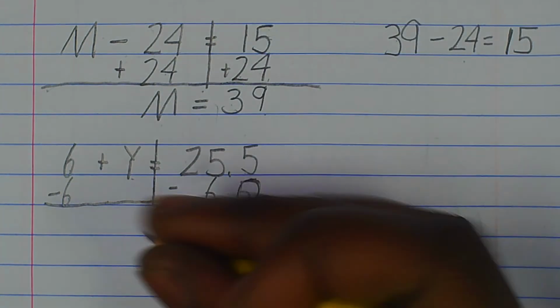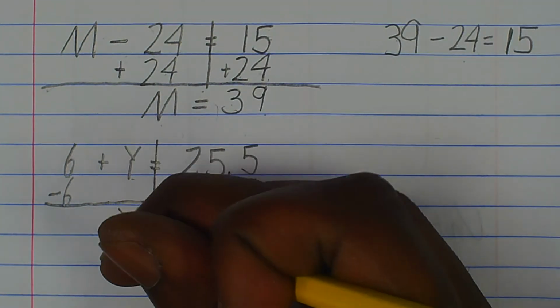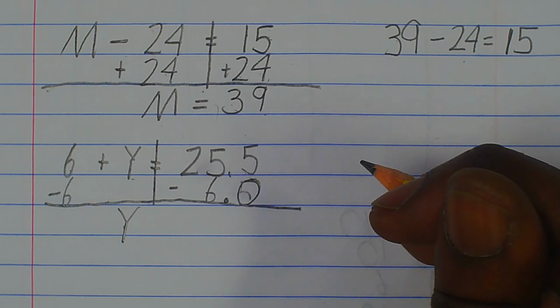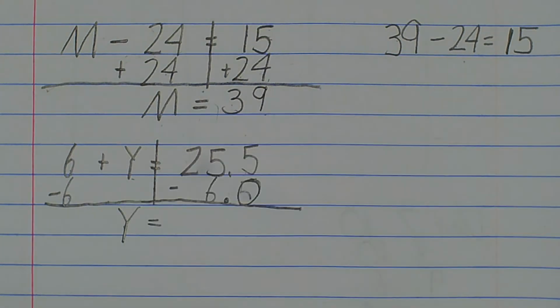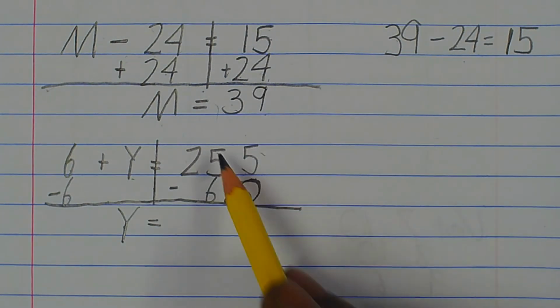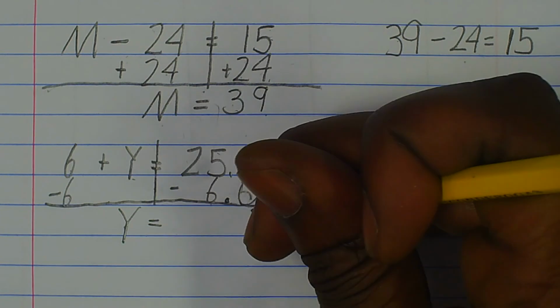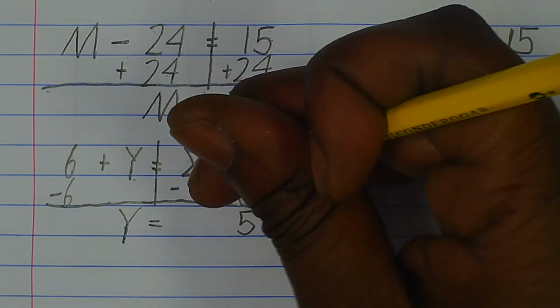All right, so now we're left with y on the left side. And y is going to equal, when we subtract the following information, of course, this is 5. We regroup.